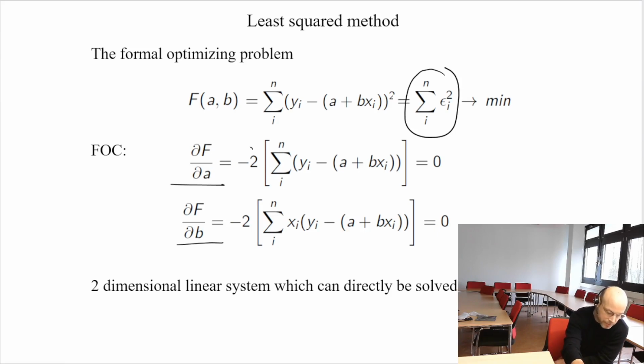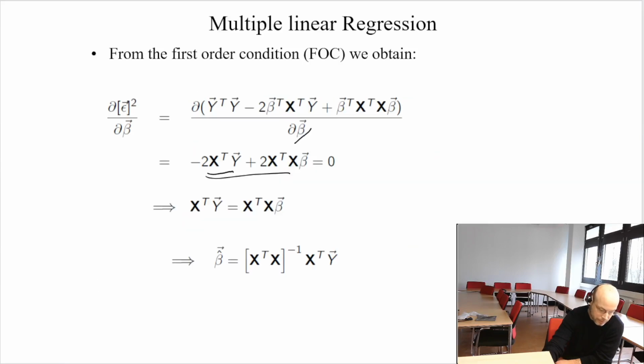Here we have also our minus 2 and a plus bx, and in this case also X^T times X times b, and remember within this vector b now we have our simple parameters a plus b.